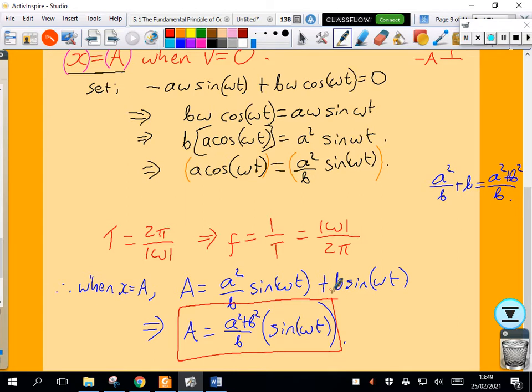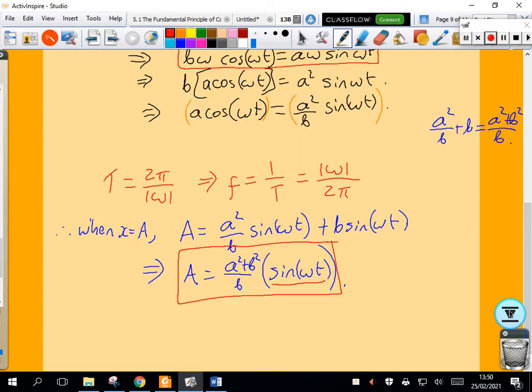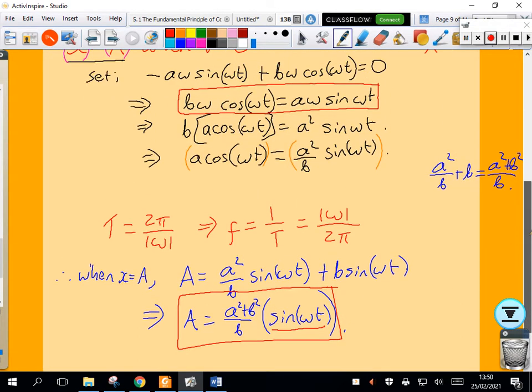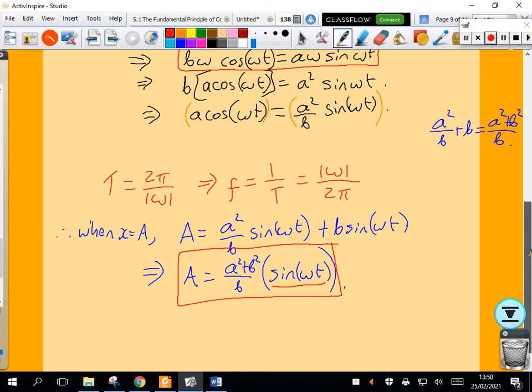Let me put it away and go back up here, and think about this quantity, sine of omega t, at this moment in time when x equals a. Going right back to this equation, I know that b omega cosine omega t is equal to a omega sine omega t.